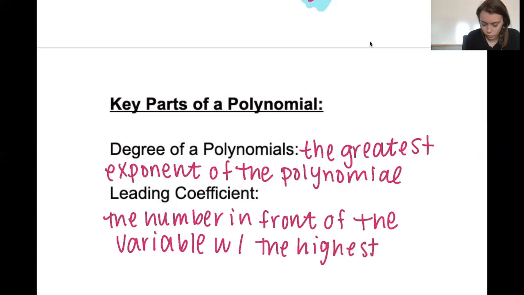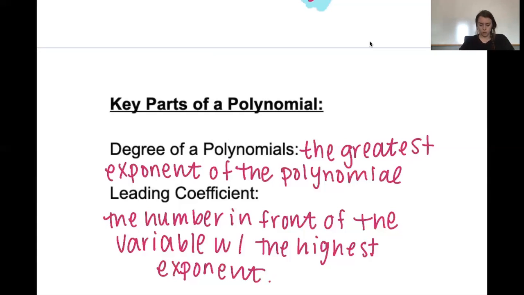So the leading coefficient always goes with the degree of the polynomial. So finish writing that down.